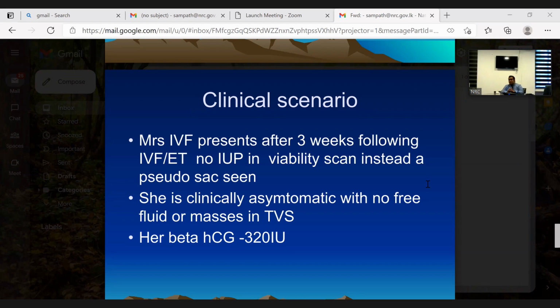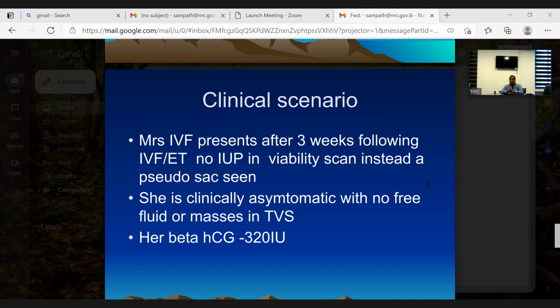Remember, I told you not every patient with ectopic pregnancy needs an operation. So we'll go through each and every one and look at how we manage different patients.